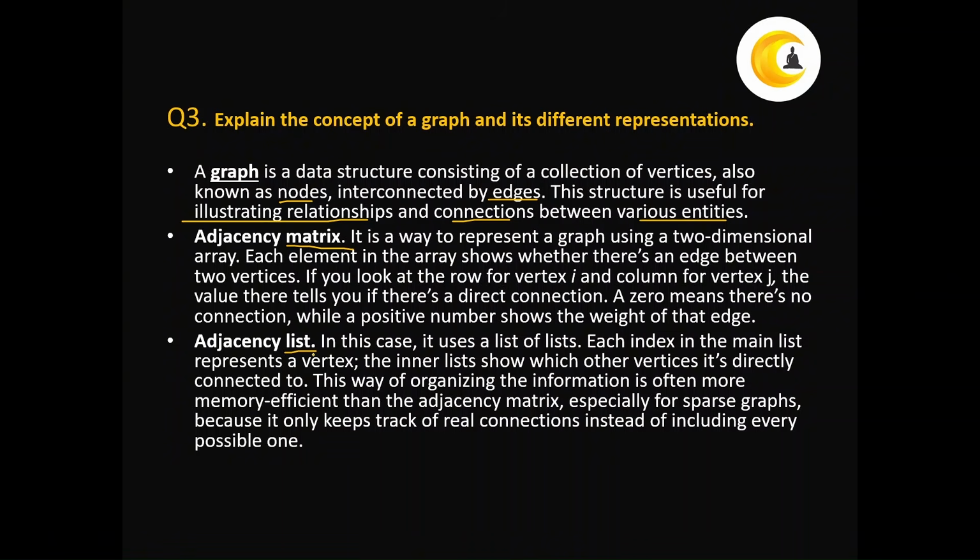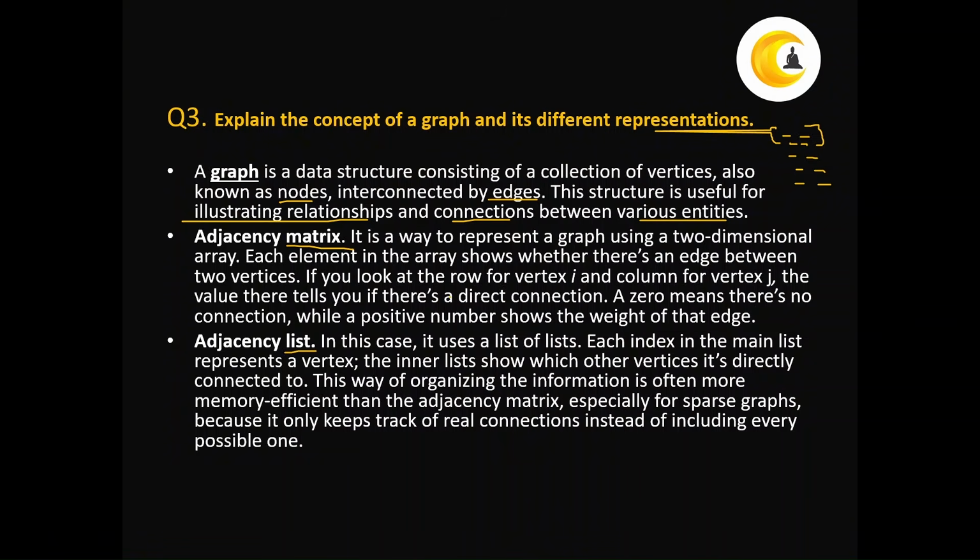So what does a matrix do basically? Matrix is basically nothing but a table where you have all the values that you have to fill in, right? So it's a way to represent a graph using a two-dimensional array where each element in the array shows whether there's an edge, like whether it is 1 or 0, or is it 1, 2 or 3. How many links does it basically have? That is what it has to fill out. That's it. But it's slightly complicated.